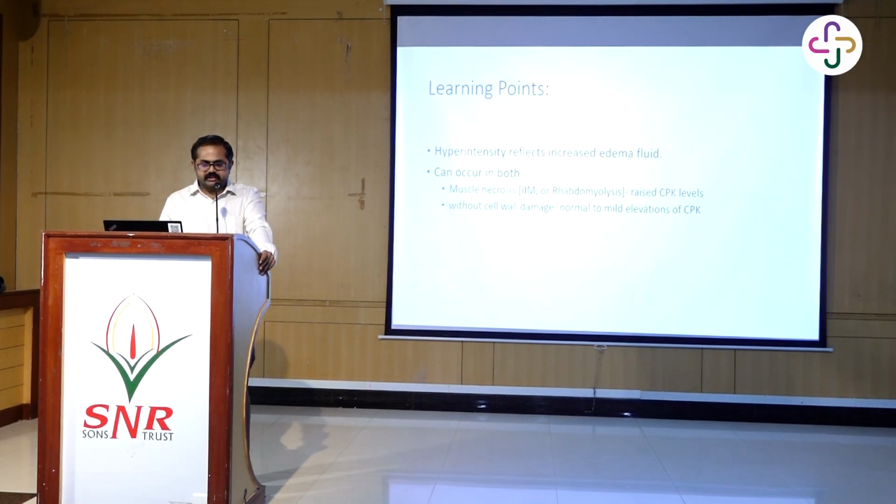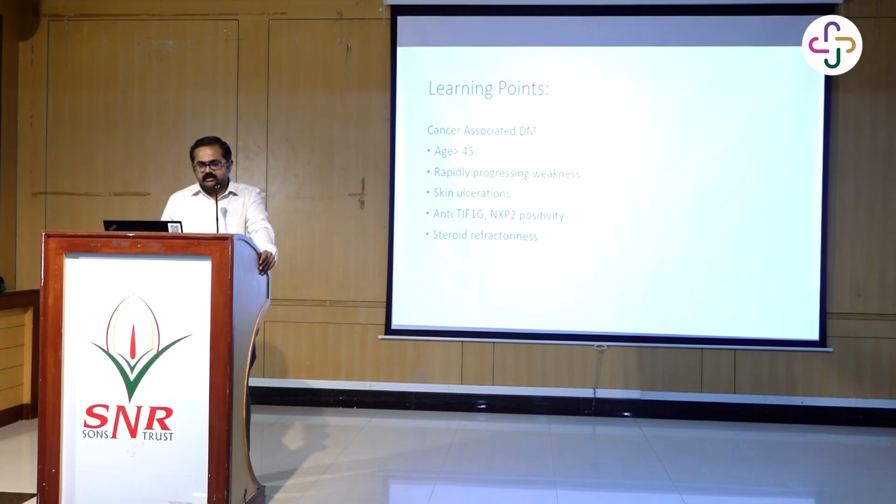The T2 hyperintensity in MRI just reflects an increased water content. It can occur both in muscle necrosis that causes raised CPK levels as well as without cell wall damage. This usually occurs in hypothyroidism or drug induced causes. This would cause only normal to mild elevation of CPK.